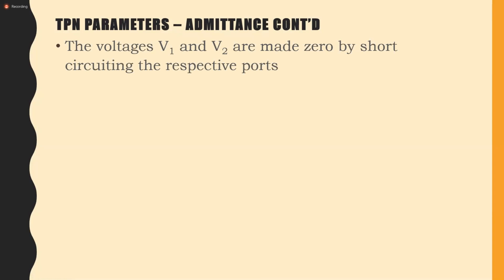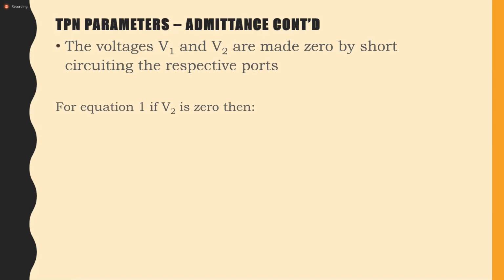Okay. So voltages V1 and V2, we can make them zero by short circuiting the respective ports. So if I short circuit port 1, it will make the voltage zero. Obviously, short circuiting the point will not impact the current. We'll still have a current, just that the voltage at that point will be zero.